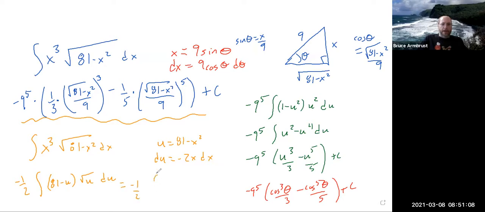So that's minus 1/2 integral of 81 u to the 1/2 minus u to the 3/2. And that's a really fast integral, right? I don't even have to do any kind of trig anything. Let me clear up a little more space here.